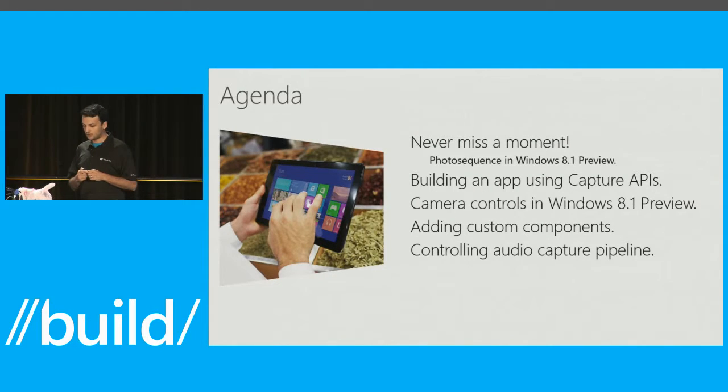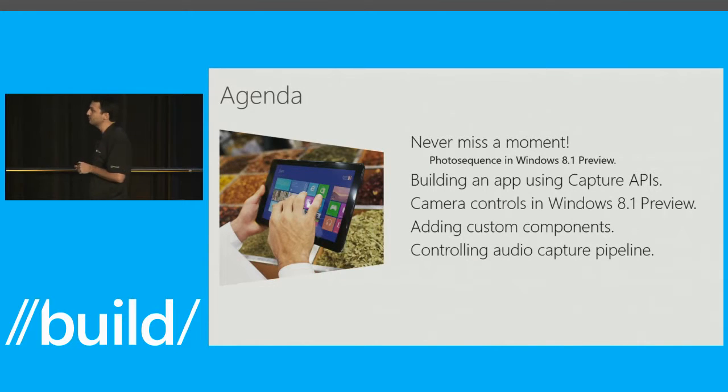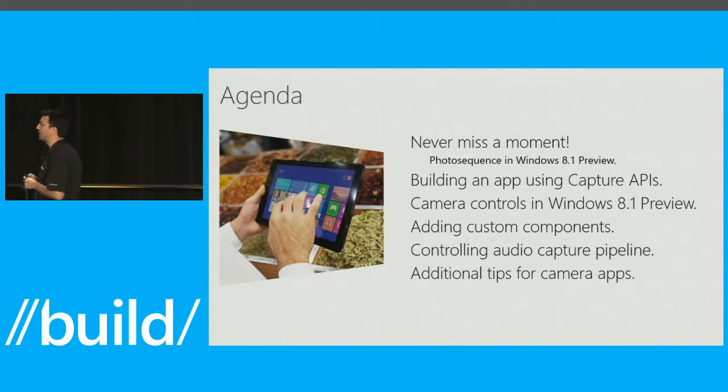We'll touch on how to modify the capture pipeline to get the most out of it if the default settings and default configuration is not working for you. And finally, I will share some additional tips for an app that would be using the camera so that it gets along nice with the rest of the system and the other applications that might need the camera.